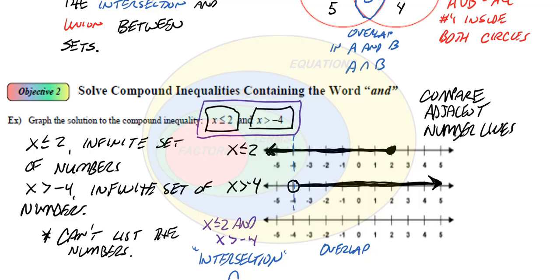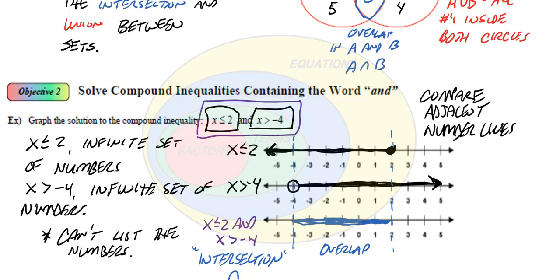So if you think about looking at these, at -4, our two number lines start overlapping each other. And at 2, they overlap until they get to 2. So here's where the overlap occurs. It looks like everywhere between -4 and 2 is where the numbers overlap. That means they're going to have the same values.